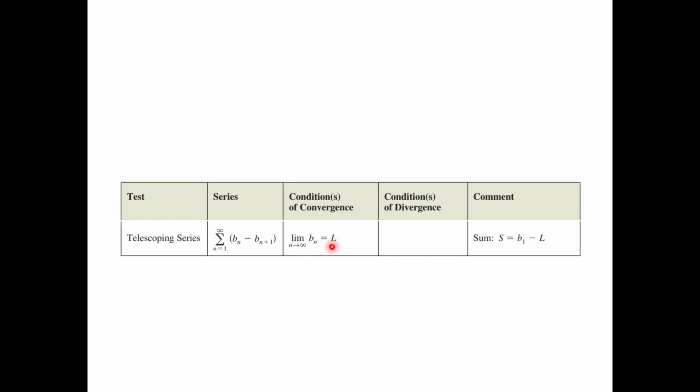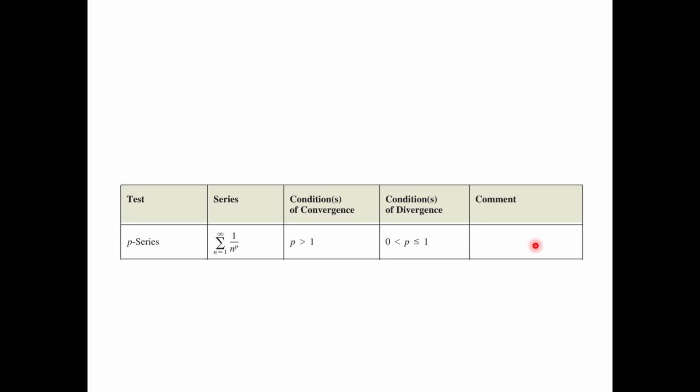If the limit is finite, then your series converges, and it converges to that number. If the limit is infinite, then your series diverges. And so then, yeah, I don't think this is worthwhile to memorize. It's in your book, but we're not going to go over it.